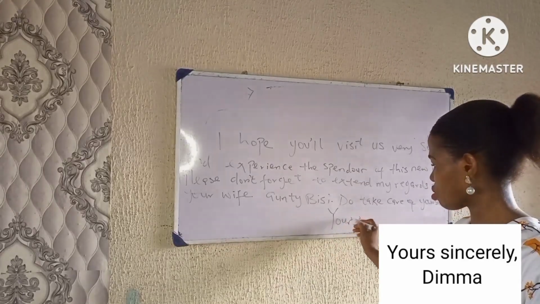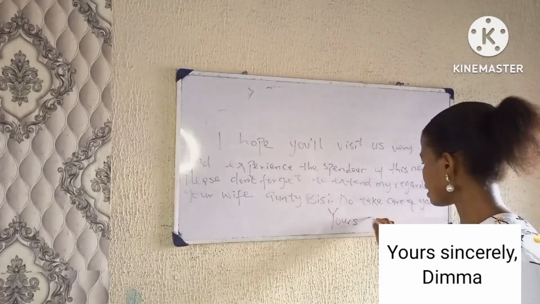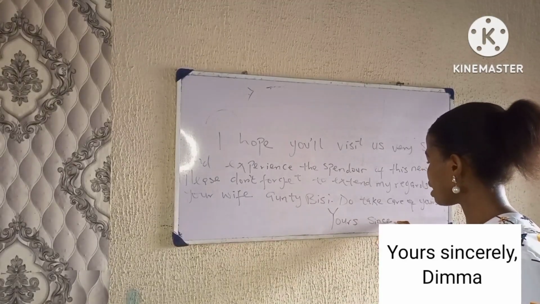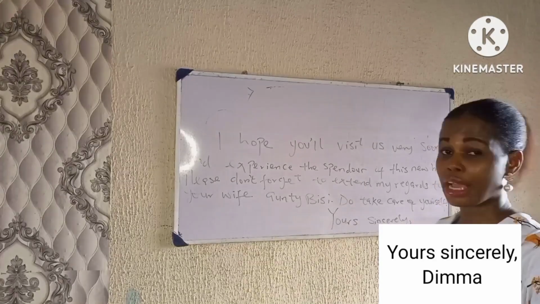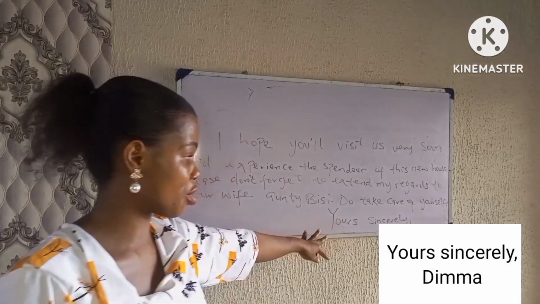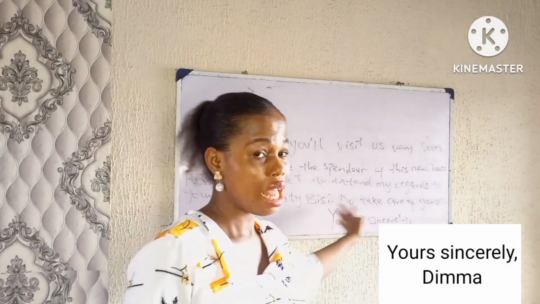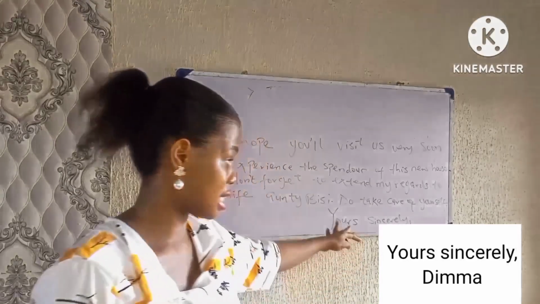Sincerely begins with a small letter. Then a comma. Make sure you mark it off with a comma, and it should be at the right hand side of the margin.